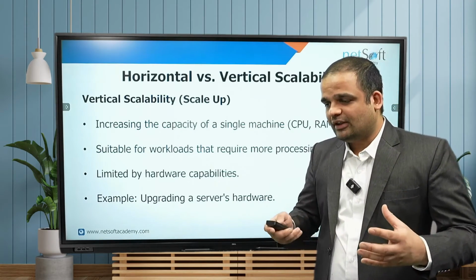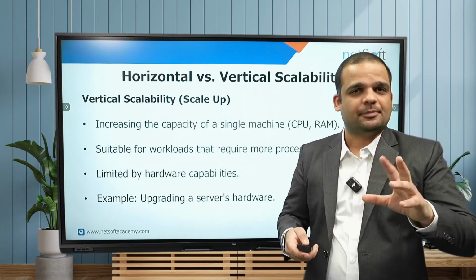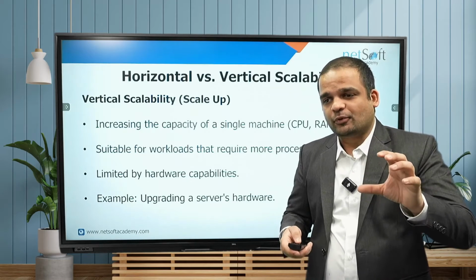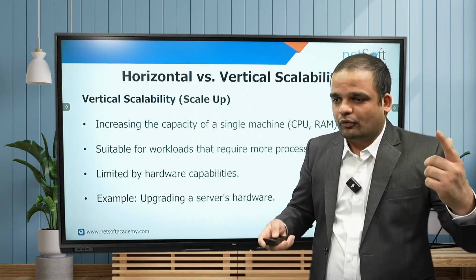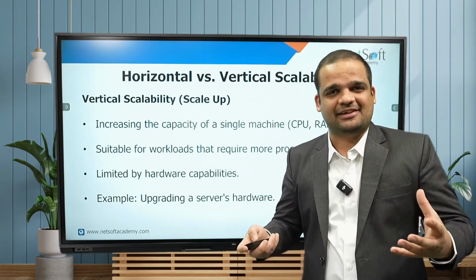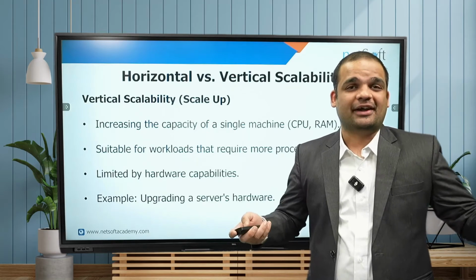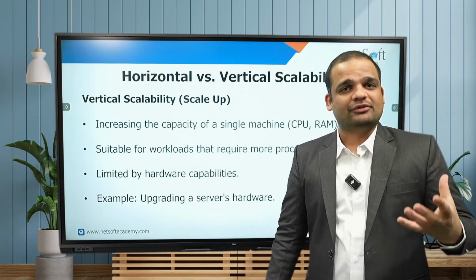And how about if the application needs higher IOPS, input-output operations per second, higher IOPS of your storage drive? Then it makes sense to go for a great or maybe the best SSD in the market. You can go for that. So that is also vertical scaling. You are increasing the performance of the same unit.